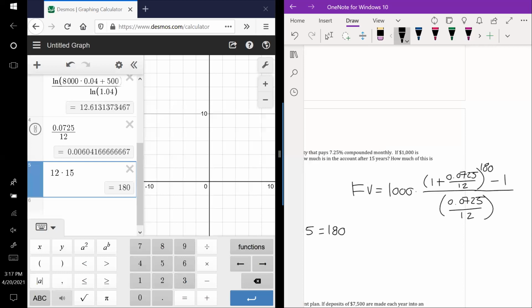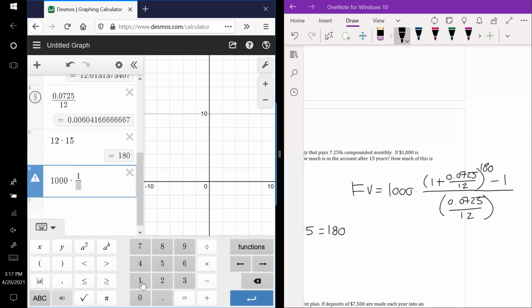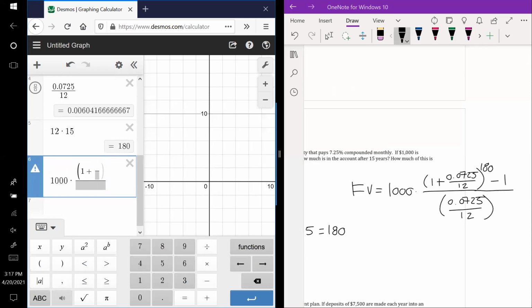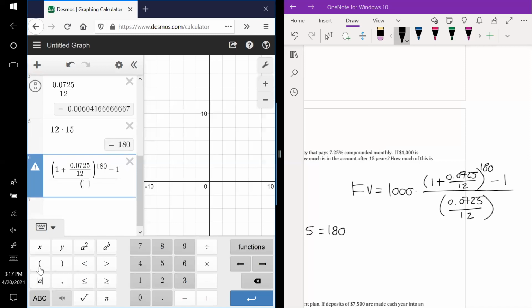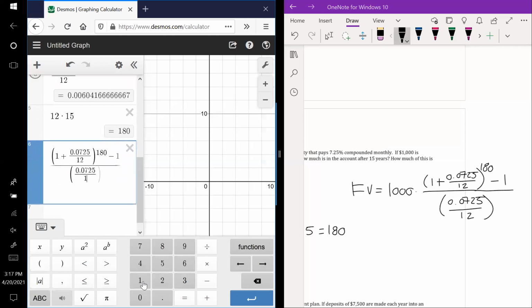Okay, and of course, using Desmos, I'm going to type it in just like I wrote it. So 1,000 times parentheses 1 plus 0.0725 over 12 raised to the 180 minus 1. And then over 0.0725 over 12.